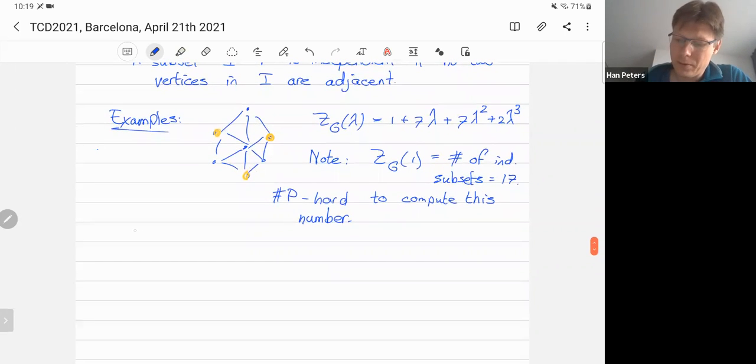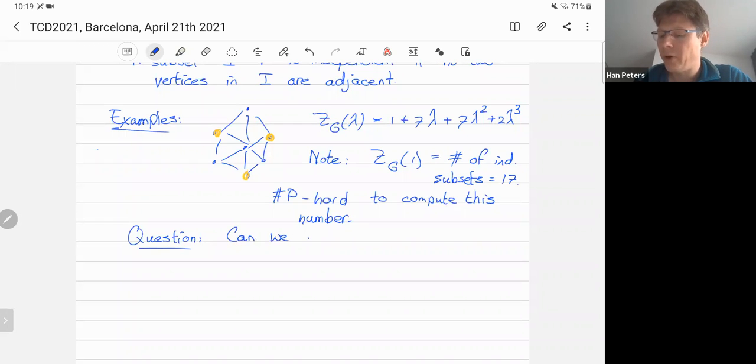So the question that we're after is not, can we compute this polynomial, but can we approximate this number in polynomial time?